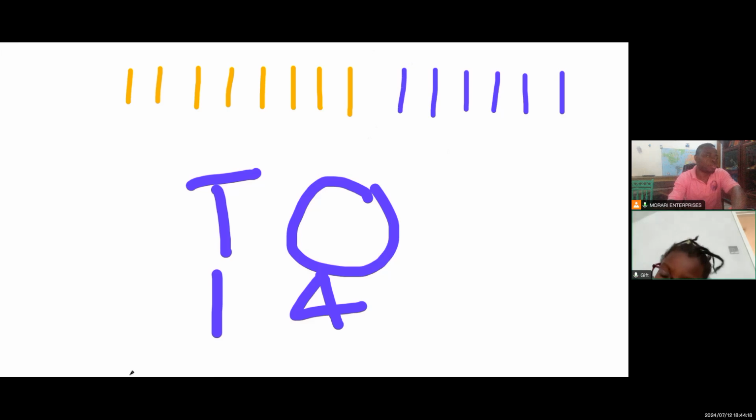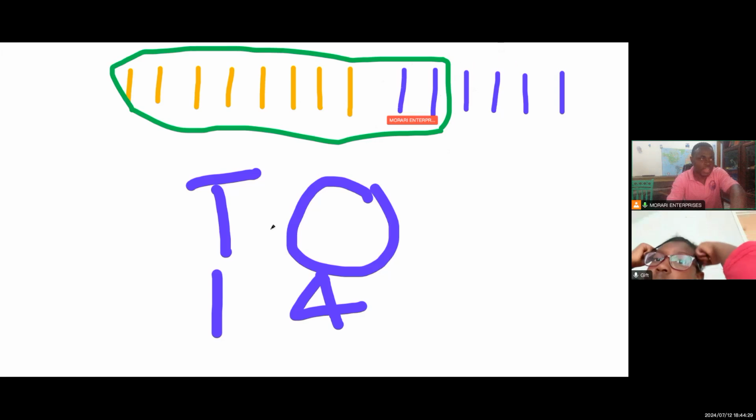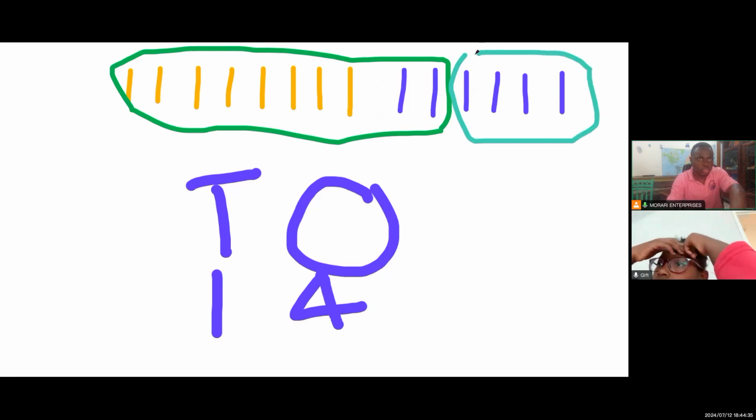So how do we make the 1 10? We take 10 ones and group together and we make 1 10. And then we are left with 4 ones. So we have made new groups. One group of 1 10. 1 10 equals 10 ones. And then we're left with 4 ones.